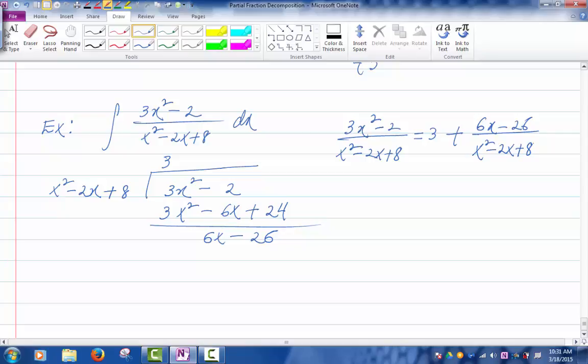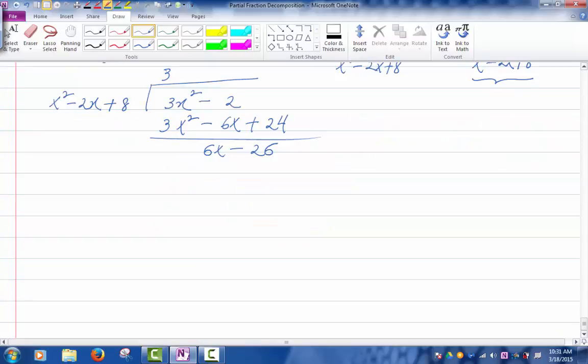Now, everybody knows how to integrate 3. So we rewrote our integrand as 3 plus the proper fraction. Now I have to find out how I can integrate the proper fraction.